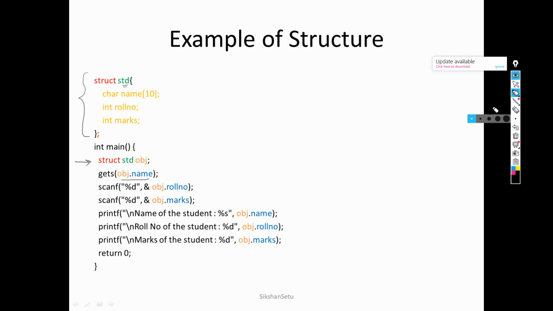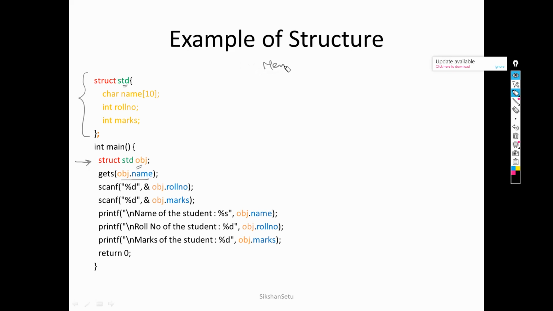Now we try to execute this code. What will happen over here? We talk about memory, how it will occupy the memory. So when you create an object, what amount of memory will it occupy?